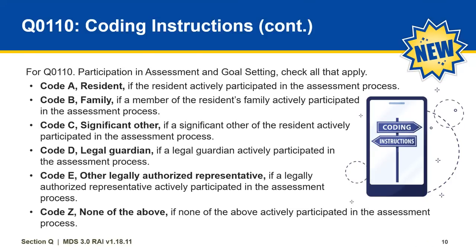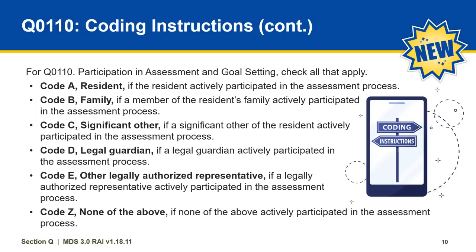For Q0110, check all that apply. Code A, resident, if the resident actively participated in the assessment process. Code B, family, if a member of the resident's family actively participated in the assessment process. Code C, significant other, if a significant other of the resident actively participated in the assessment process.